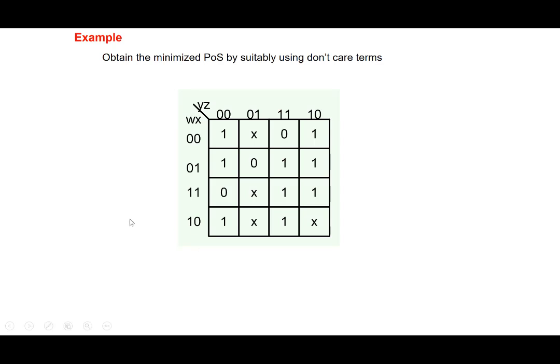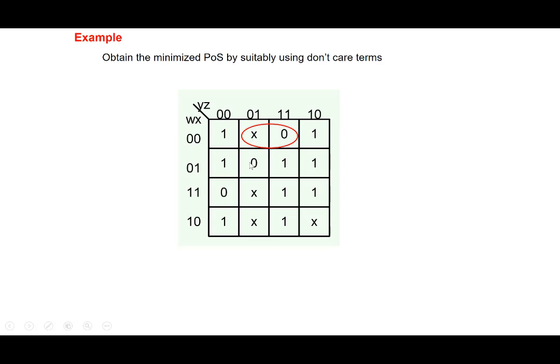All right, so in this case, obtain the minimized product of sum by suitably using don't care terms. When we say product of sum, we are focusing on zeros. So we could combine this 0 with this one, and it would help us. The idea here is to cover all the zeros. So we can combine these two together and we'll get a simpler term.